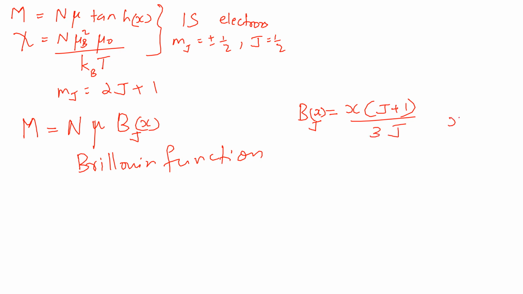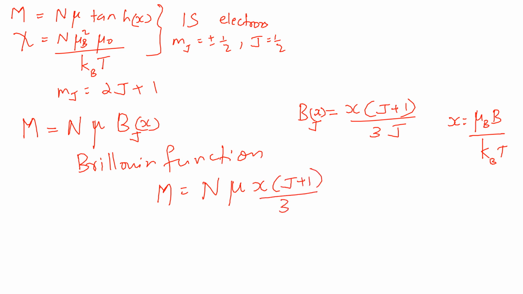And what is the x value? x is mu_B times B divided by k_B T. So using this value of the Brillouin function, the magnetization M can be written as N mu, and instead of B_J, you can write x (j plus 1) divided by 3j.